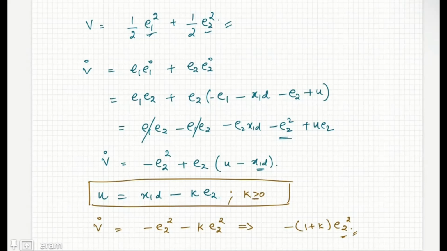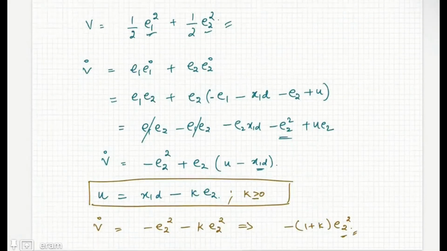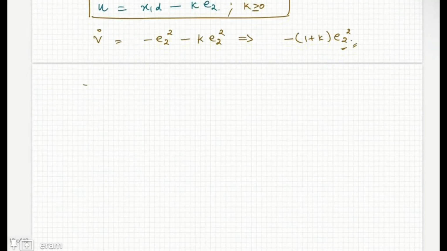But you can observe from here that when e2 is 0 and you see the dynamics, so let me write the dynamics. So we had e1 dot as e2 and e2 dot as minus e1 minus x1d minus e2 plus u.